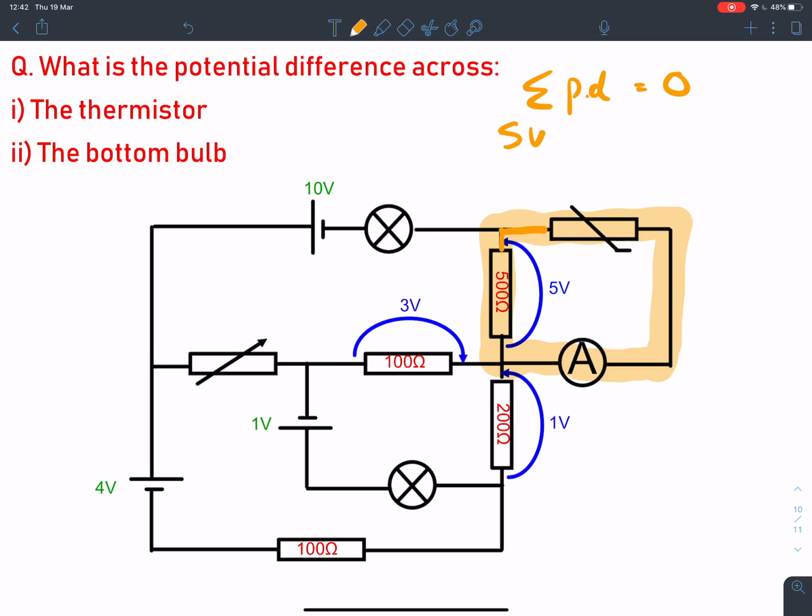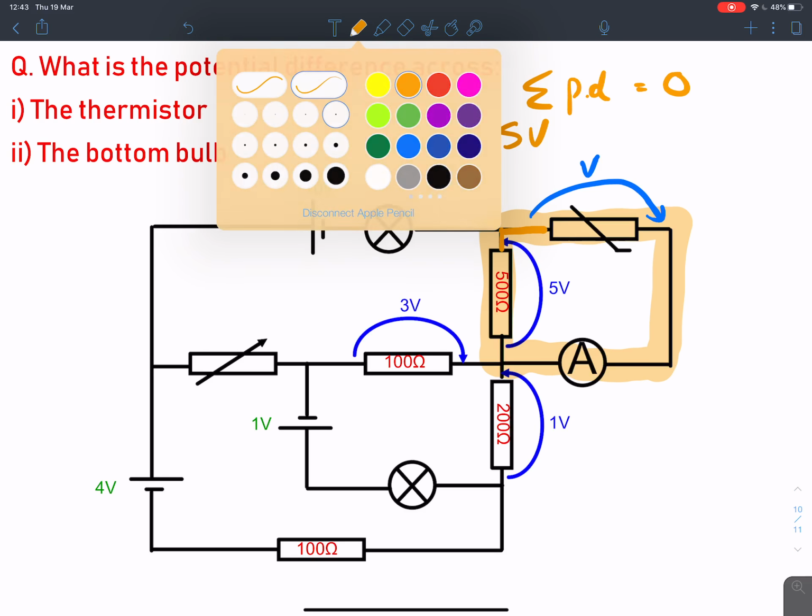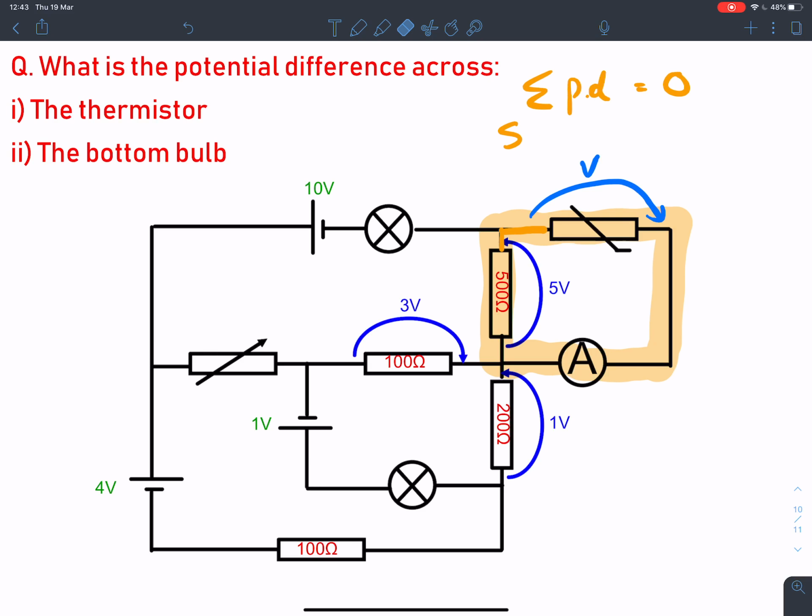So we've got 5 volts, and let's call that V. I'm trying to go into that to save confusion, 5 plus V. The ammeter is ideal, so it has no potential difference across it, equals 0.